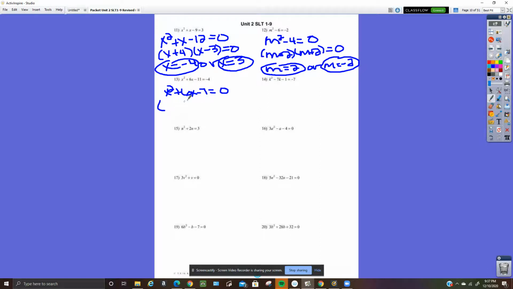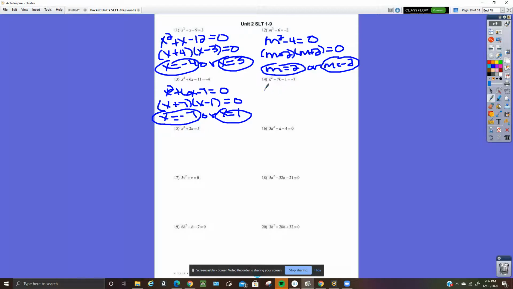And then the factors of -7 that give you a positive 6 are 7 and -1. So x equal -7, or x equal 1.